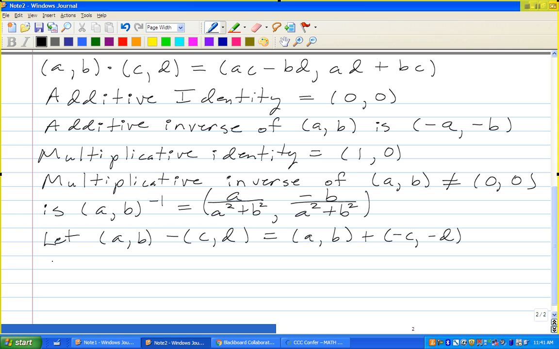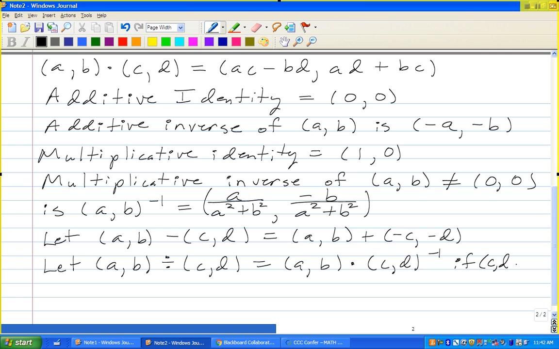And similarly, I'll let (a, b) divided by (c, d) equal (a, b) times the inverse of (c, d), if (c, d) is not 0, because, of course, we don't want to divide by 0.